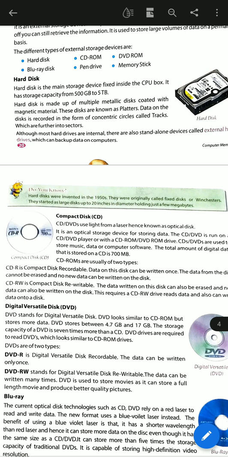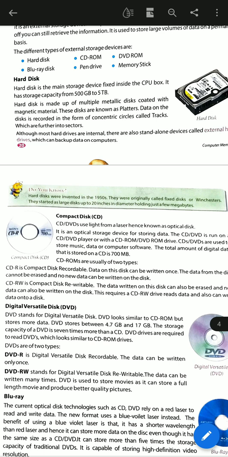So in CD-R, the data stored once cannot be erased. You cannot erase the stored data to store new data.